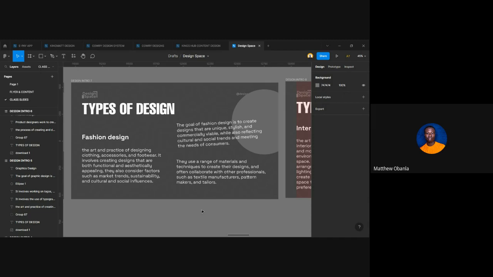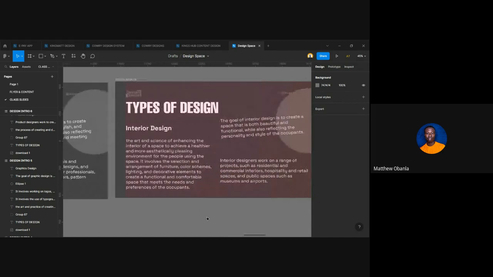Those are things that tend to trend in fashion design. Like I mentioned, they use a range of materials and techniques to create their designs, and often collaborate with other professionals such as textile manufacturers, pattern makers, and tailors.